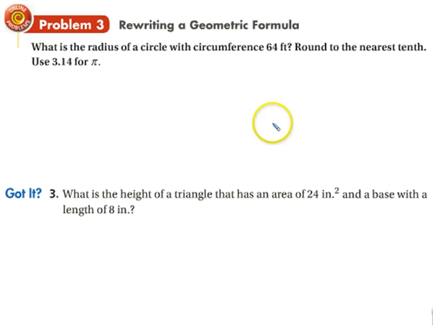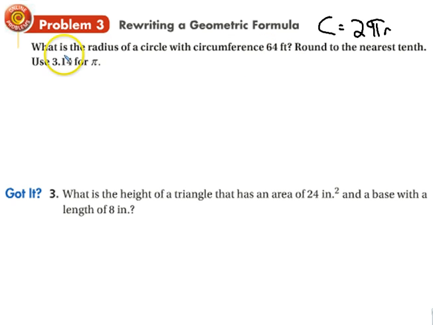All right, then we have these ones with geometric formulas and stuff. We can do triangles, we can do circumference, we can do area. We just practice rewriting it. Remember, the formula for circumference is C is equal to 2 pi r. Okay, here we know what C is.